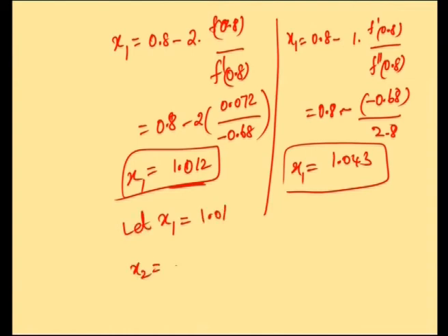Then calculate x2 equal to 1.01 minus 2 into f of 1.01 divided by f dash of 1.01. And this happens to be 1.001. Calculating x2 in the other format, x2 is equal to x1 minus 1 into f dash of x1 divided by f double dash of x1.